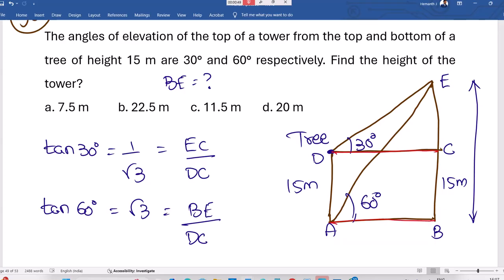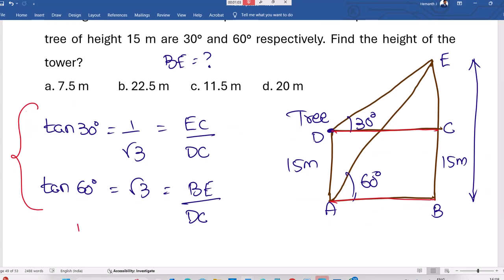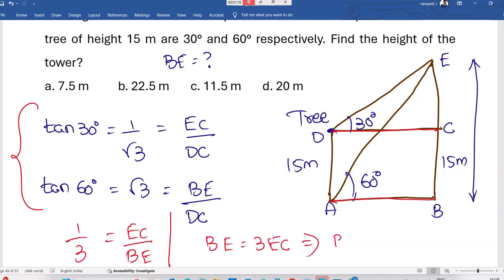Now, if you just solve and calculate BE, if I divide these two equations, DC will get cancelled. 1 by 3 equals EC divided by BE. BE equals thrice EC. Right? What is BE actually? BC plus EC, right?